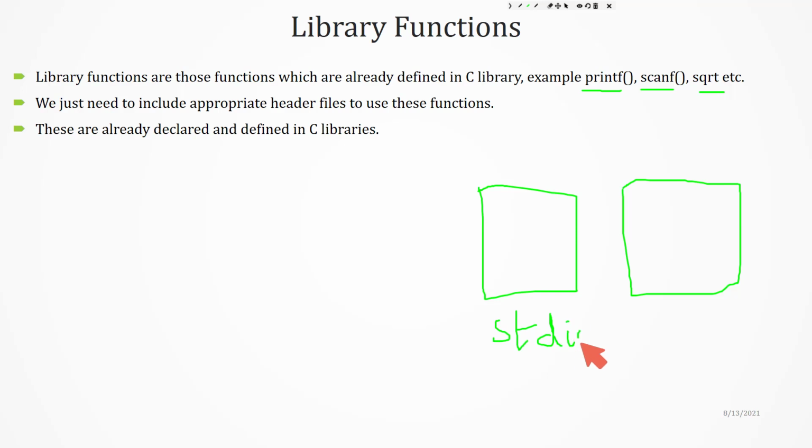So this printf and this scanf are written inside this stdio file. Its extension is actually .h. Inside this file, the definition is written.